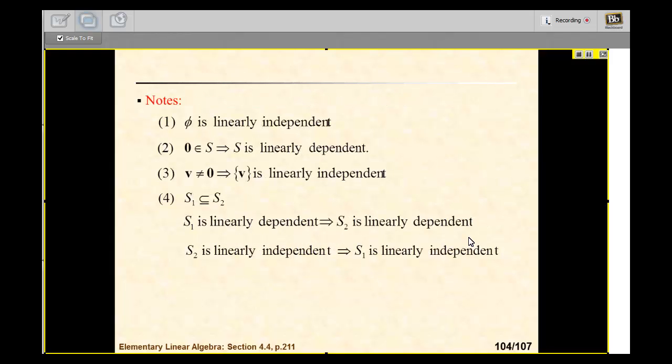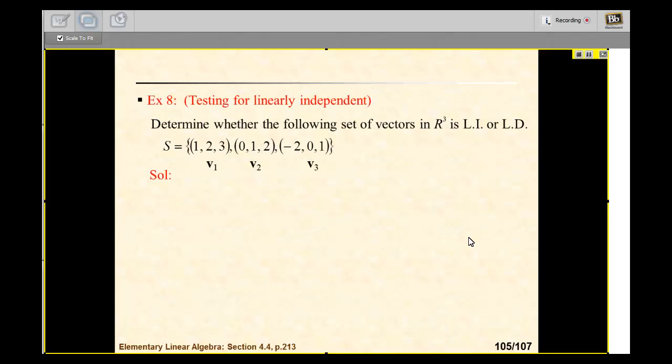Let's take an example. We have a set S given, and we have to check whether it is linearly independent or linearly dependent. First, we write it in the form of a linear combination: C1 V1, C2 V2, C3 V3.